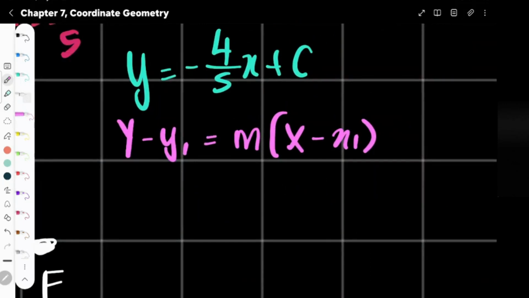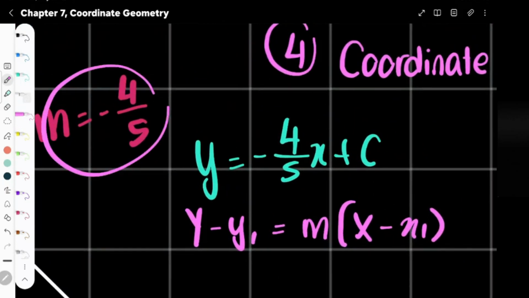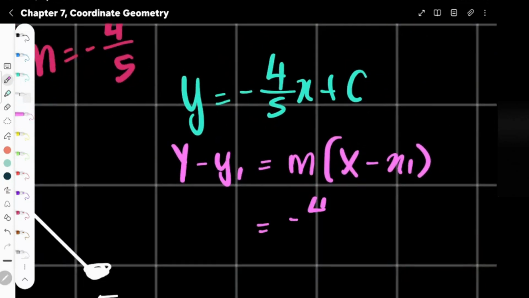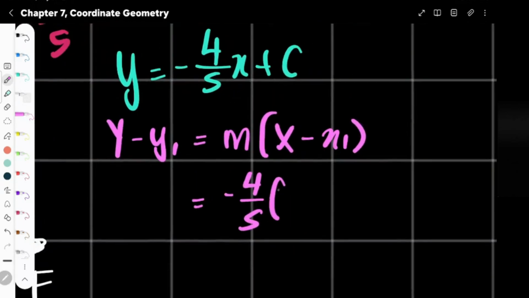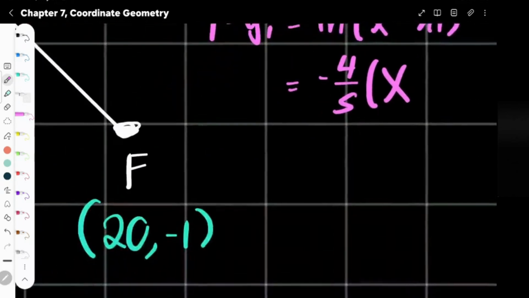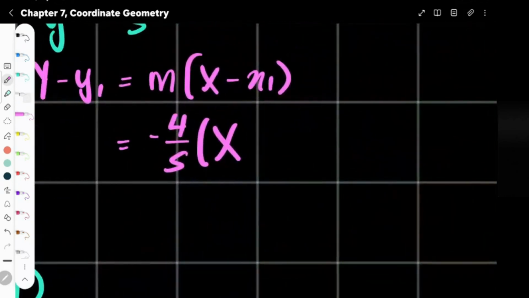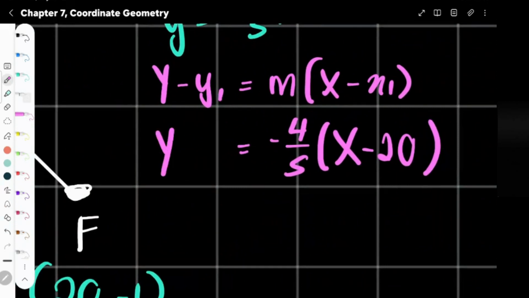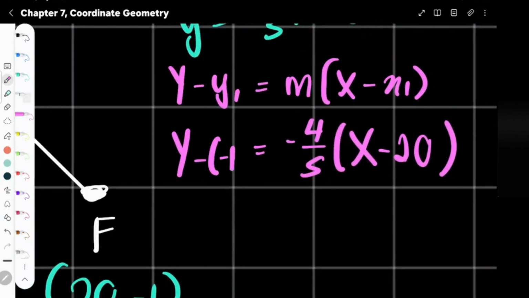Just substitute. So you have the m here, so you substitute m as -4/5. The x, you leave x alone because you want the big X, right? The x1 will become this one here. So -20, right? There's minus here. Write the -1. So -1. Be careful with the symbol here.